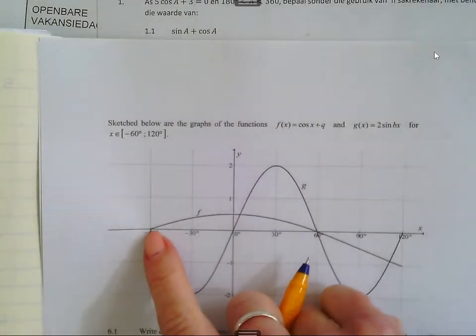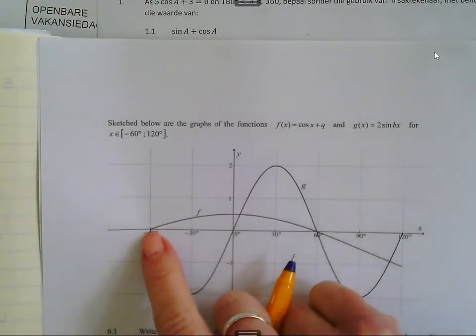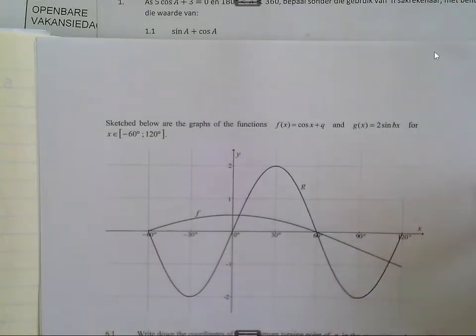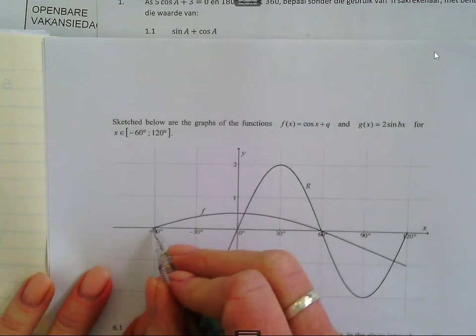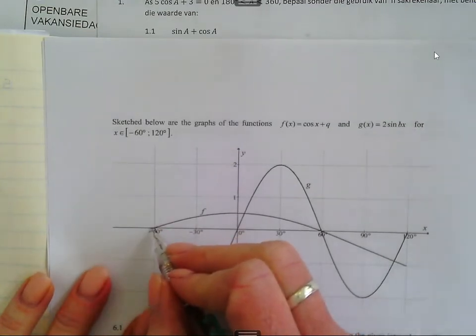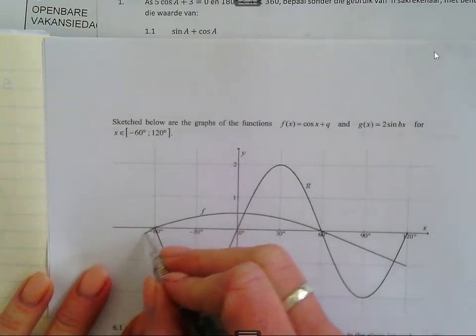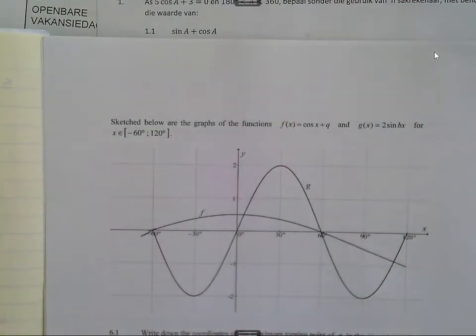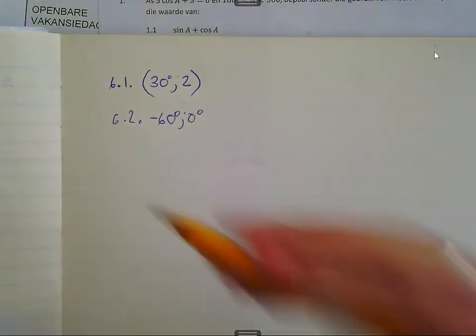Remember, you must now interpret what is happening after or before this negative 60. Because this graph isn't turning here, it's going to go down. So therefore, at negative 60, it's already increasing. Does that make sense? Okay, so negative 60 will be included.